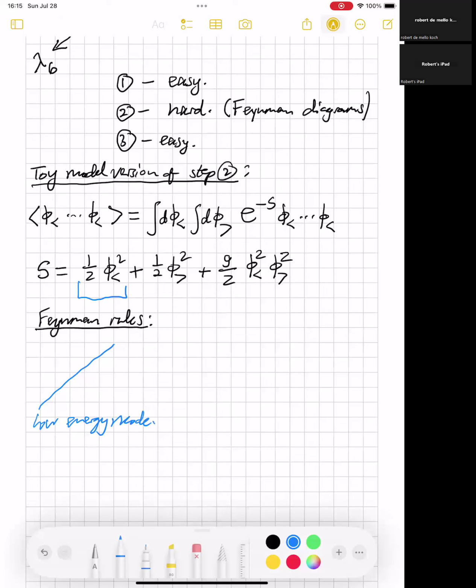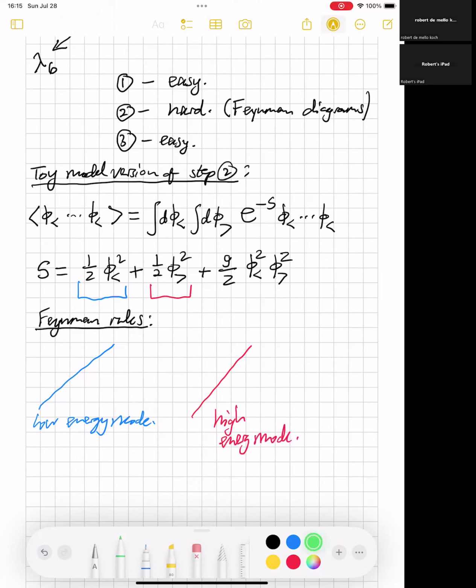And you can work out exactly what that rule would be. Actually, I think with the choice that I've made for alpha, that rule would just be 1. Then we would also have this over here. This would now be a propagator for the high energy mode.